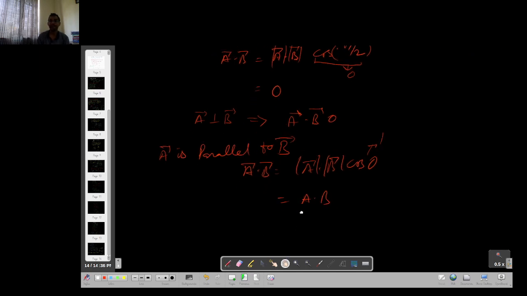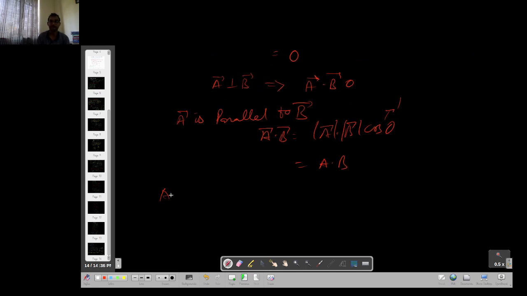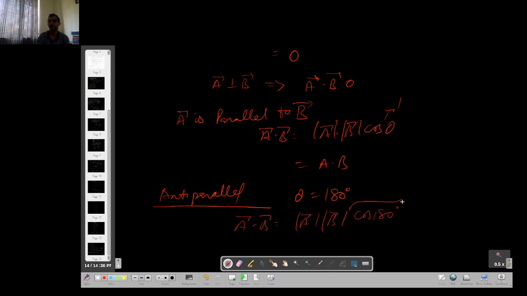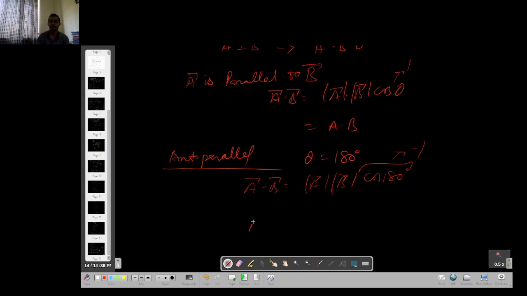And if they are anti-parallel, the angle theta will be equal to 180 degrees, so that means A dot B is equal to mod of A mod of B cos of 180 degrees, its value will be -1, so A dot B is equal to minus AB. This is the condition for two vectors to be anti-parallel in terms of dot product.